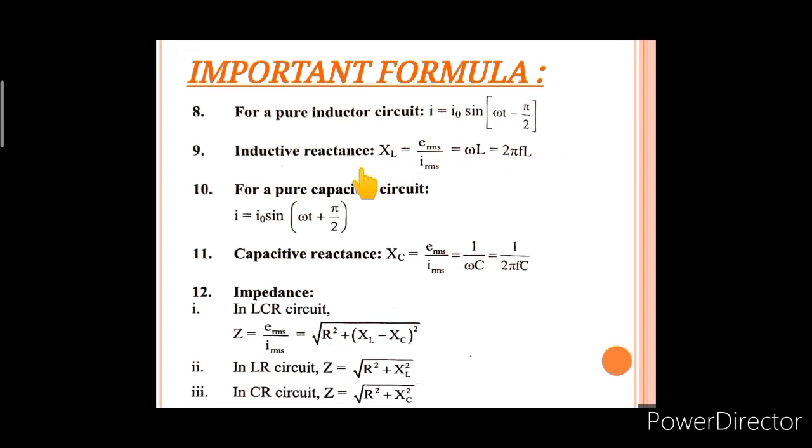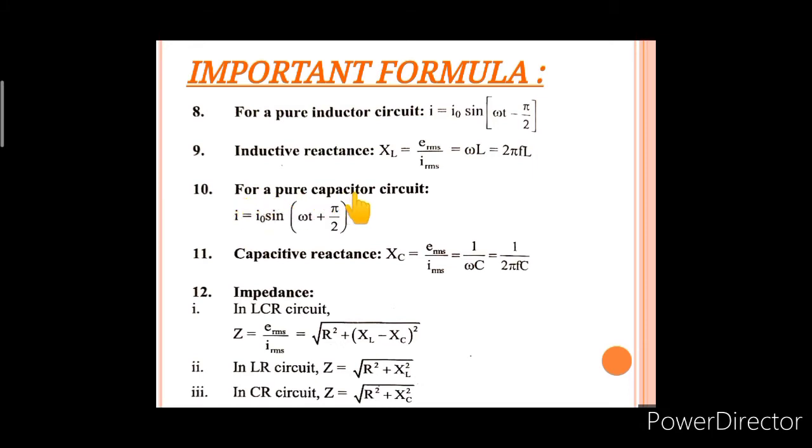Here we get the inductive reactance, denoted as XL, and the value of XL is given by the formula E_RMS upon I_RMS, that is, the ratio of the RMS values of EMF and current. Also the inductive reactance is omega L, which is equal to 2 pi F L, where F is the frequency of the AC supply.